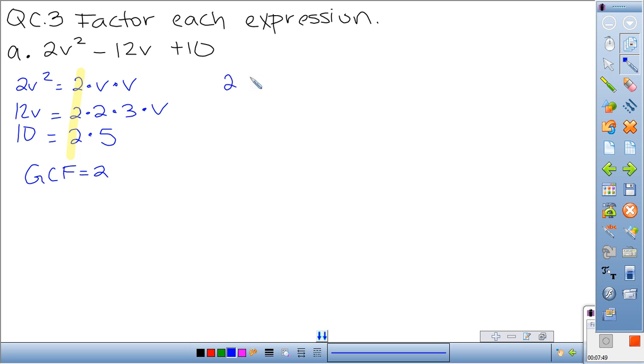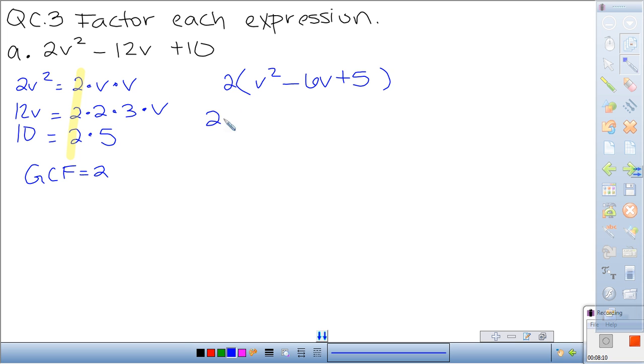So we have 2 times the trinomial v squared minus 6v plus 5. And you know that if you distribute your 2, you end up with 2v squared minus 12v plus 10. So these are equal to each other. Now we're going to take this and spread it out. 2 times v squared minus 6v plus 5.